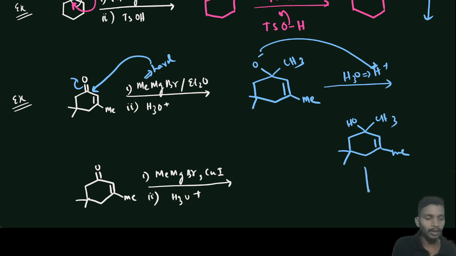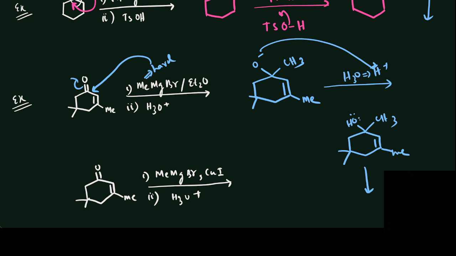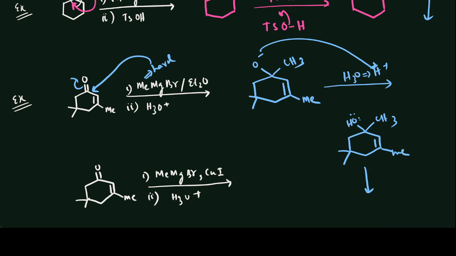So now what will happen here, again we see that if this water is removed with this H plus, because here a lone pair is there, then again a stable carbocation will pop up. So this H3O plus is there, which is going to give H plus.